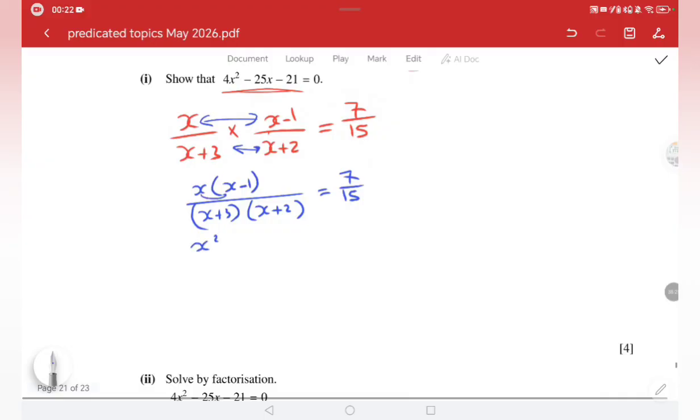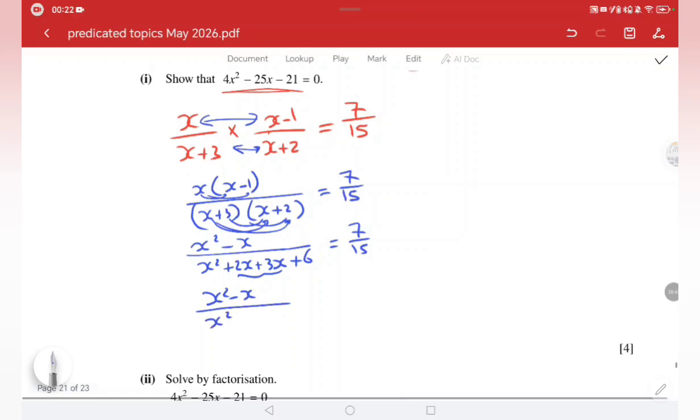X times x is x squared, x times minus 1 is minus x, and there x times x, x squared, x times 2, 2x, and 3 times x is 3x, 3 times 2 is plus 6, and here 7 over 15. And let's collect the like terms: x squared minus x over x squared plus 5x plus 6, and here 7 over 15.